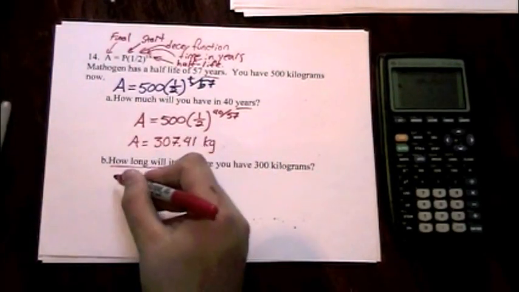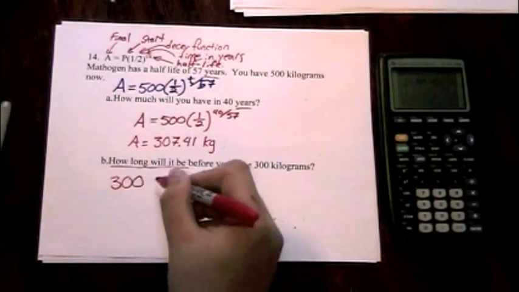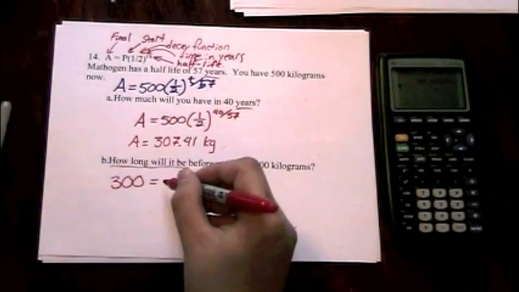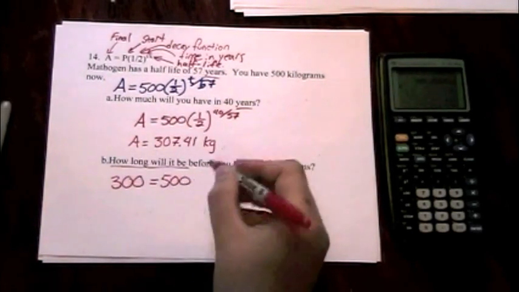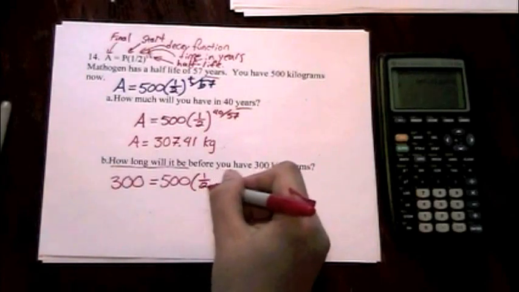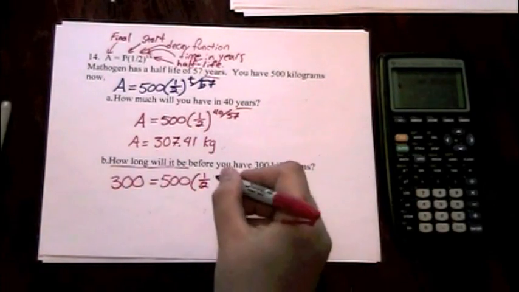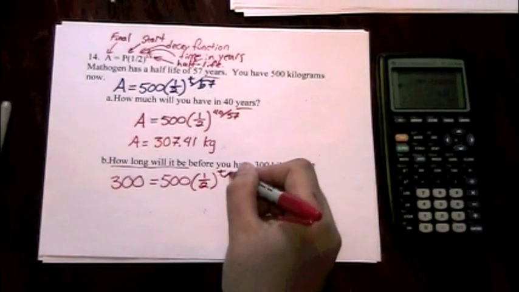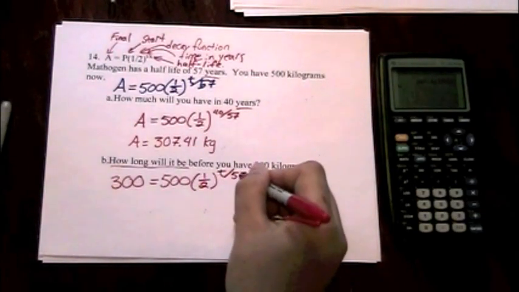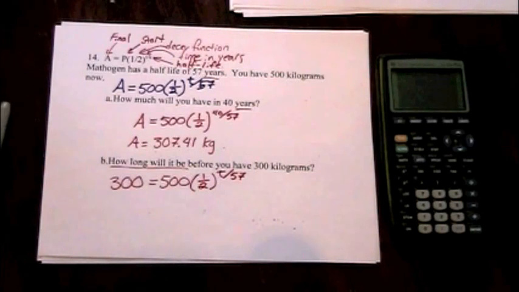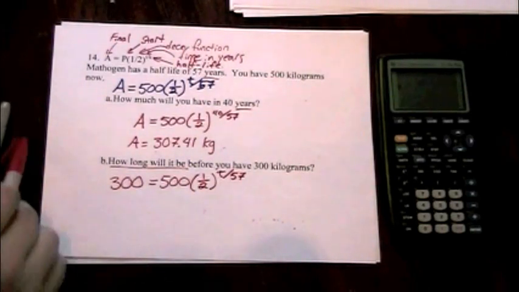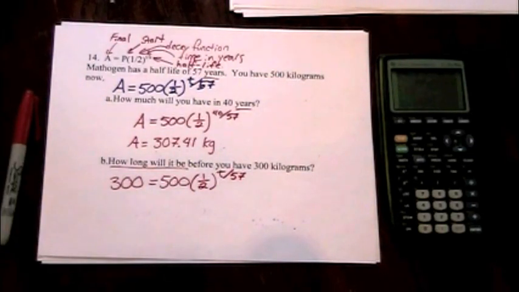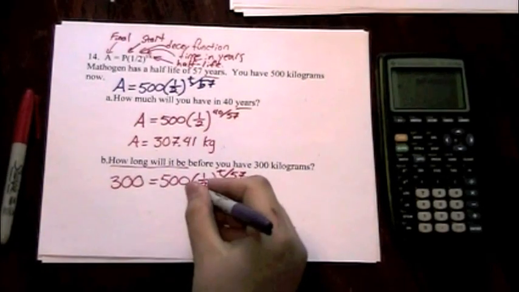If I plug this in, 300 equals 500 times 1/2 to the T divided by 57. The first thing I might want to do is get the exponential part by itself.